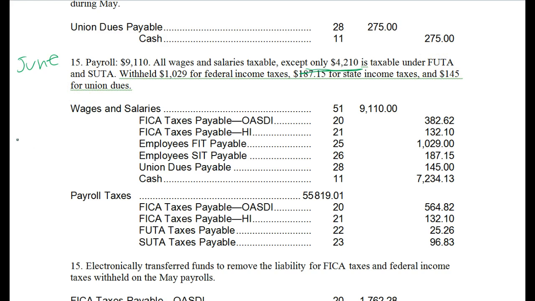So we have to make just a slight change. All of these taxes are figured the same way we've been doing them all along, but the FUTA is 0.6% of the 4210 rather than the total gross of 9,110, and the SUTA is 2.3% of the 4210, not the gross.